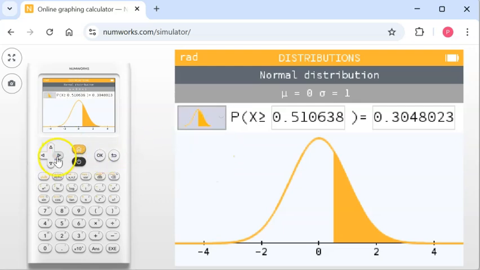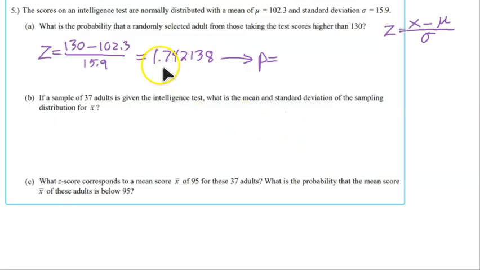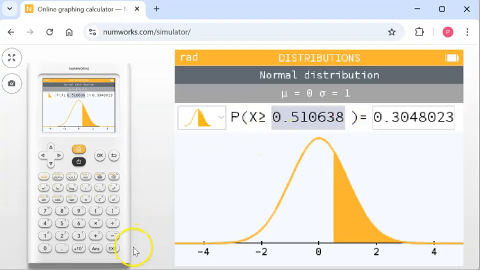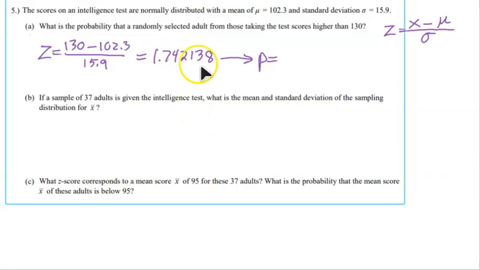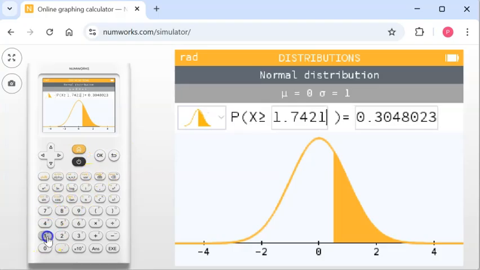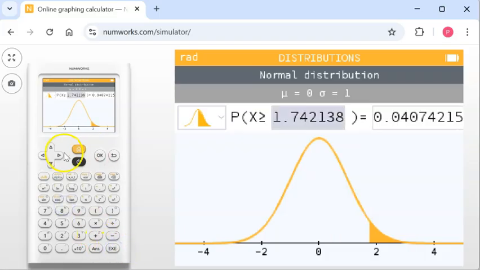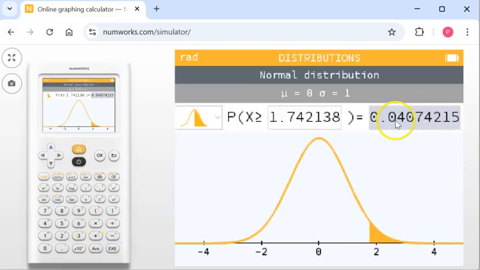Okay. All right. And now we're going to put in the z-score, which is 1.742138. Enter. And look, here it is. Here's our 0.04. Look, it's not very much. You can see it down here.